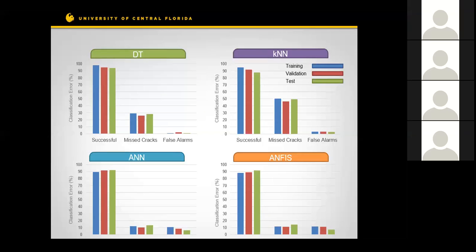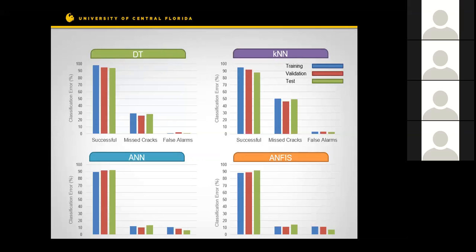Yes, I guess, but yeah, you're right. It seems that the ANN and ANFIS success, I guess, success in DT and KNN looks a little higher. Which one? ANN? The upper ones, the decision trees and k-nearest neighbors.